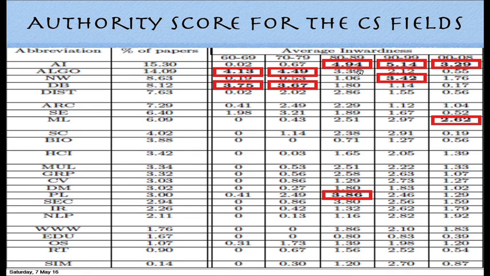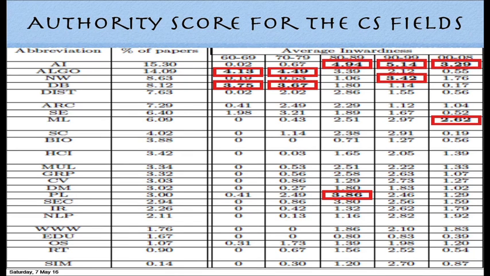In the third decade, you already see a difference. AI has received a very high authority score, as has the programming languages field. AI received a very high authority score because the 80s was the time when computer science saw the AI boom. People were trying to solve all problems using AI techniques.